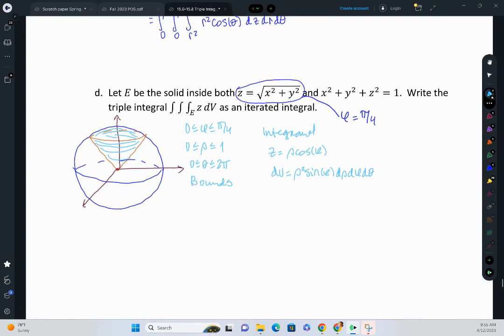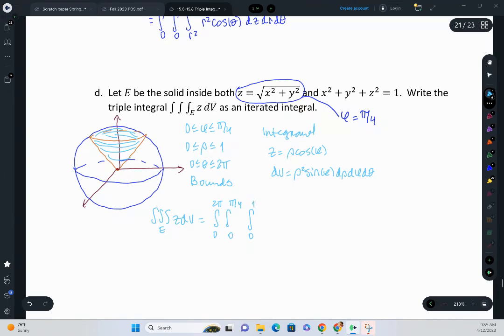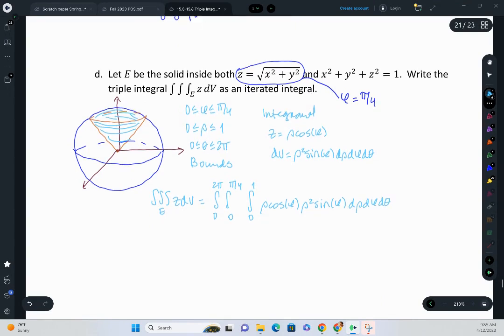And so then the triple integral over e of z dv will be equal to the integral 0 to 2 pi for theta on the outside. In the middle is phi, so we'll go 0 to pi fourths. In the inner one is rho, so we'll go 0 to 1. The z gets replaced with rho cosine of phi, and the dv gets replaced with rho squared sine of phi, d rho, d phi, d theta.